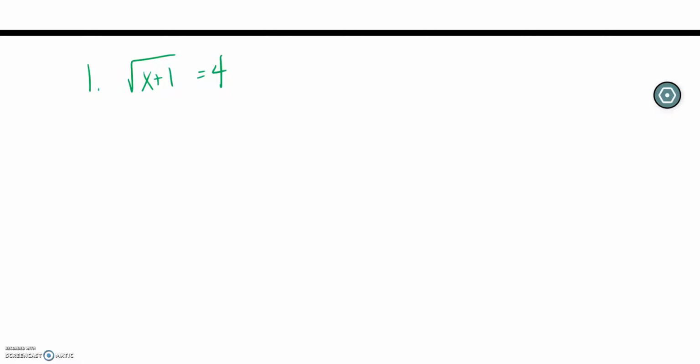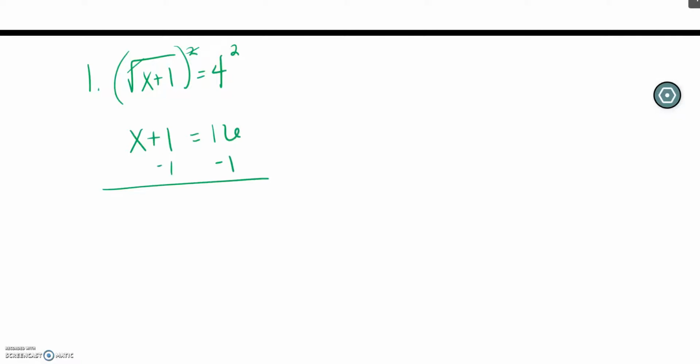So the opposite of a square root would be squaring a number. Remember, when we're solving anything, what you do to one side, you have to do to the other. So we're going to square that. A square and a square root are inverse operations, so that goes away, leaving us with x plus 1 equals 4 squared, which is 16.